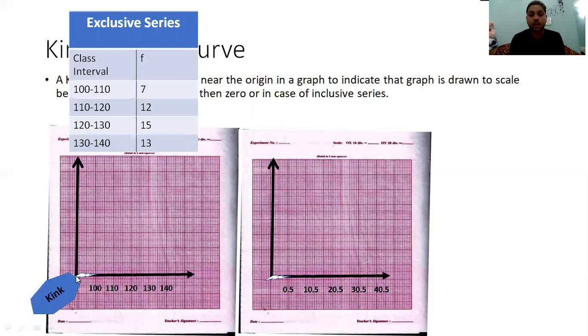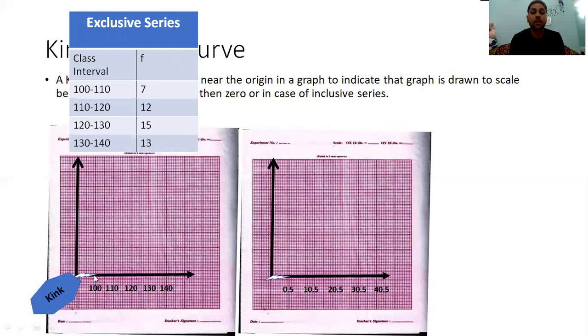Here, if we start from 0 to 10, the graph will run out from here. So to cover that distance, we have to apply the zigzag here. All the distance from 0 to 100 will be covered by this kink.